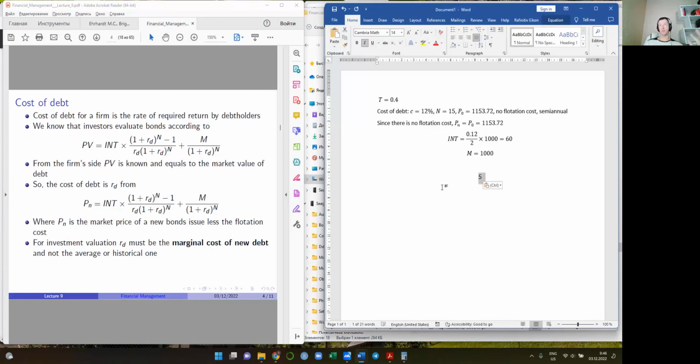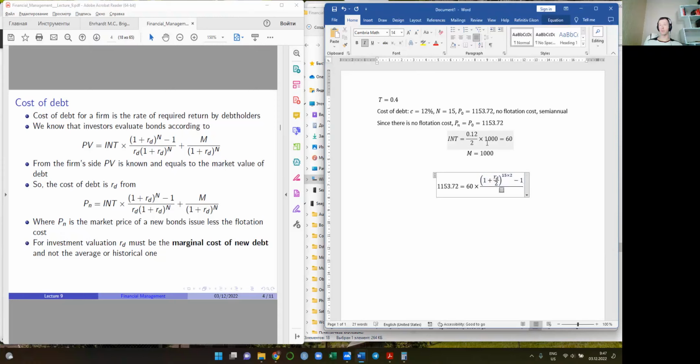So now our formula would look like 1153.72 equals interest 60 times 1 plus RD divided by 2. Again, we are talking about semi-annual coupons, therefore we divide the annual interest rate by 2, and to the power of n, but n is not 15 years, n is 30. So again, 15 times 2, minus 1.